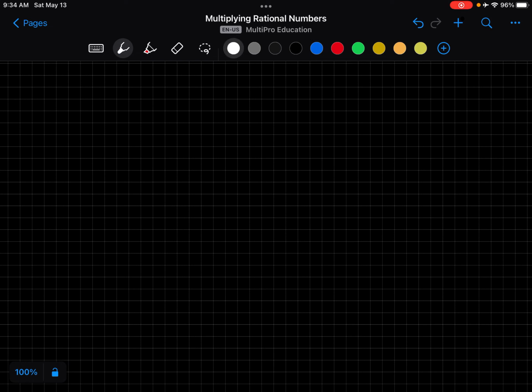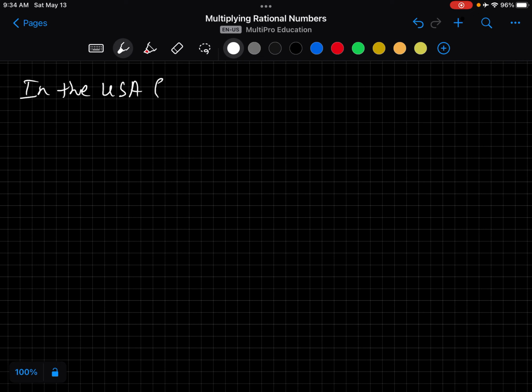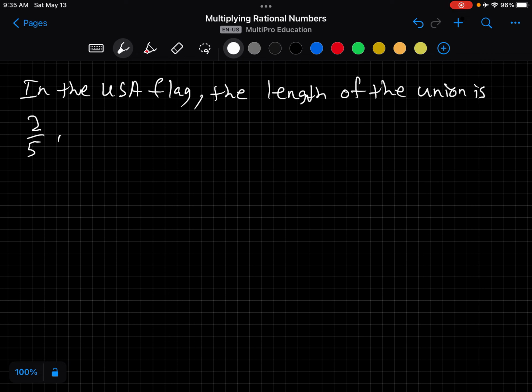All right, let's look at some problems. Let's say in the USA flag, the length of the Union is 2/5 of the fly. The fly is 7/13 of the hoist.